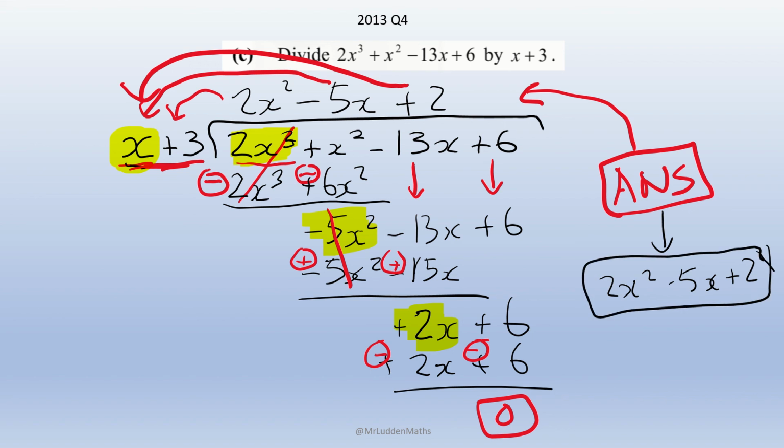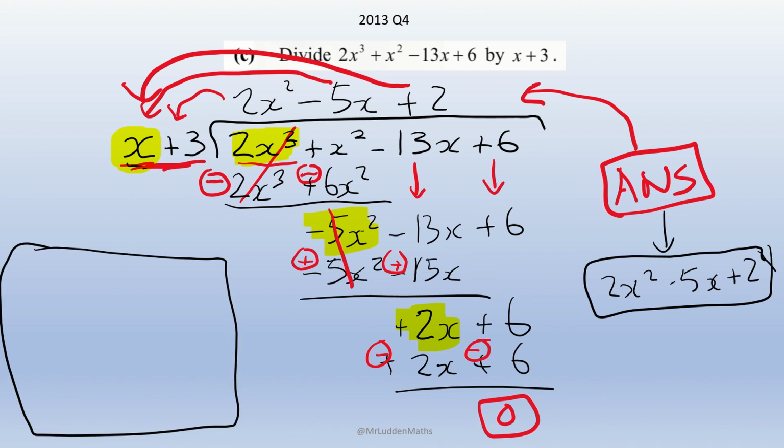Alright guys, those were the 2 questions that I found explicitly asked in the exam paper questions, literally telling you to divide one thing by another. I suppose just be aware, it could be asked something like this: let's say the area of a box is x squared plus 7x plus 10, and you're told that the width of the box is x plus 2, and you're asked to find the length of the box.